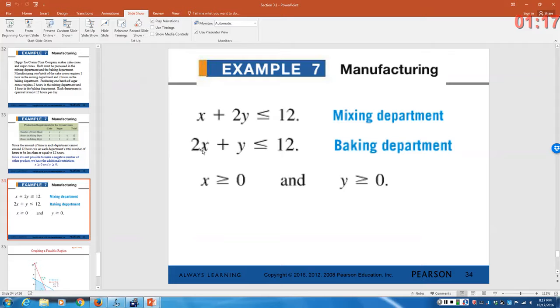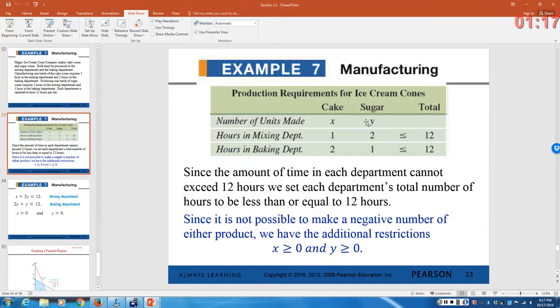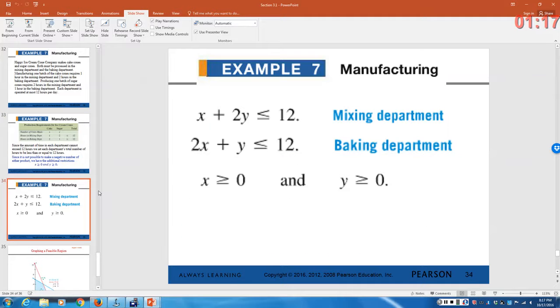So 2 hours for the cake cones and 1 hour for the sugar cones has to also be equal to or less than 12 in the baking department. So your 2 variables are the number of sugar cones and the number of cake cones. X is the cake cones, Y is the sugar cones, as it says here. This is your system of equations for that problem.